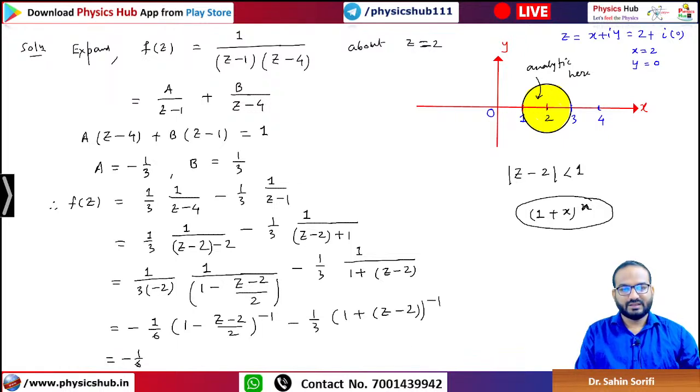So what you can expand? It is now in the form of 1 minus x to the power minus 1.